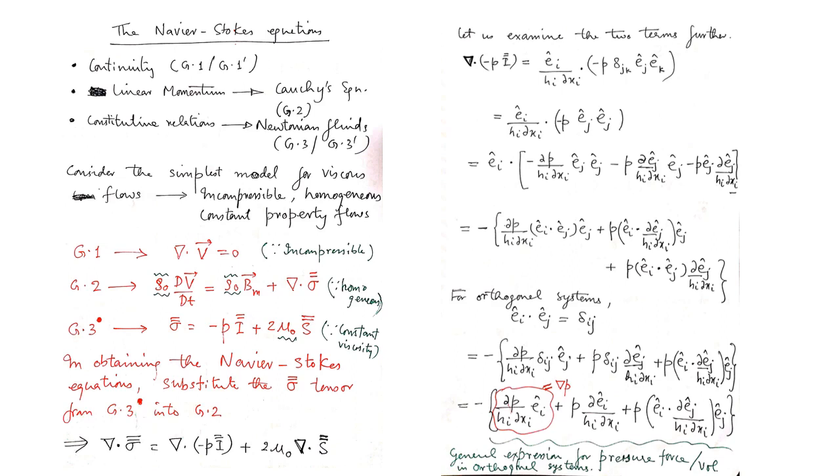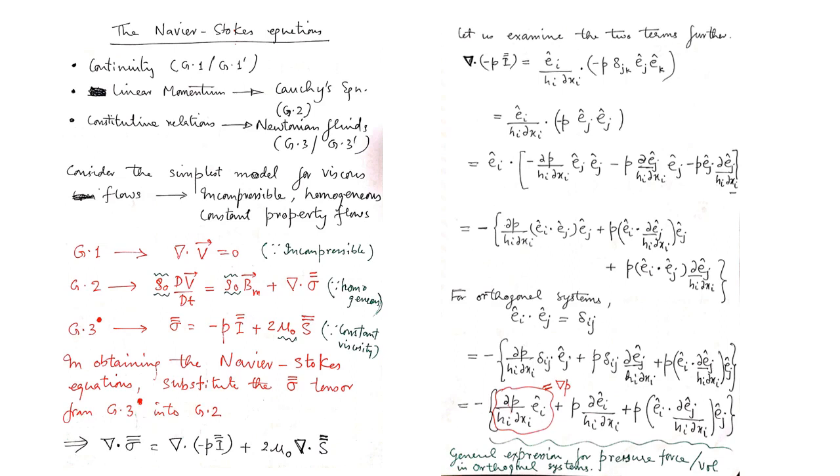Okay, 2 mu naught is just a constant, so it is taken outside the del operator. So I have to simplify these two terms to the extent where they are no longer further simplifiable, so I take both the terms one by one.